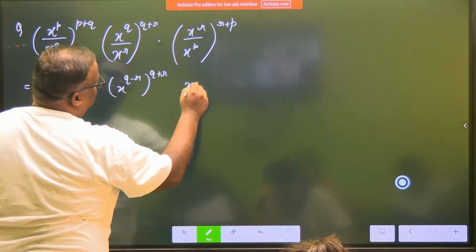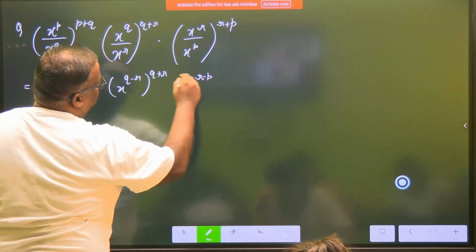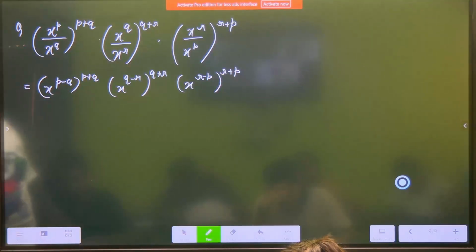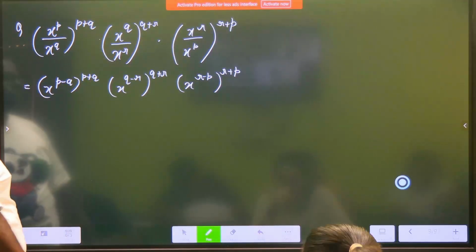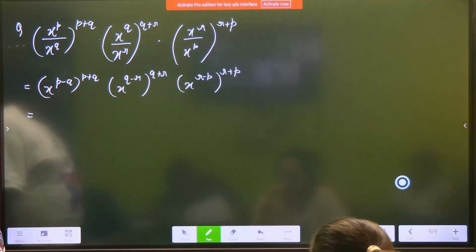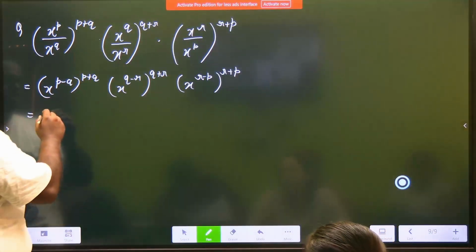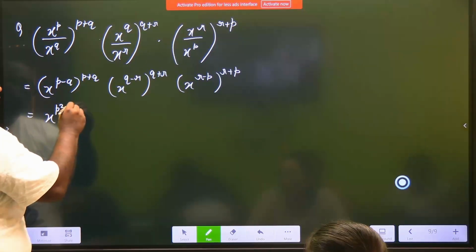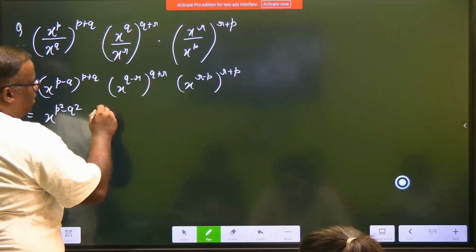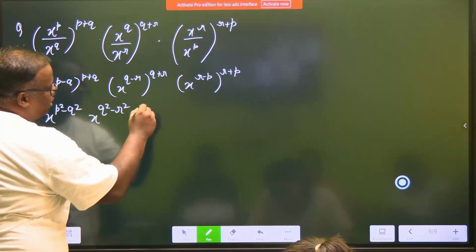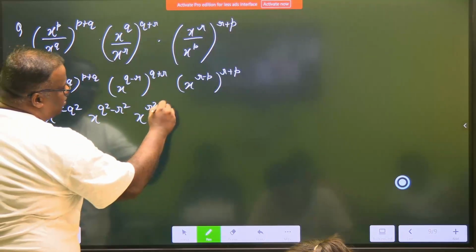And this becomes x to the power r minus p to the power r plus p. Now these are a plus b into a minus b. So each of them can be written as x to the power p square minus q square, x to the power q square minus r square, x to the power r square minus p square.